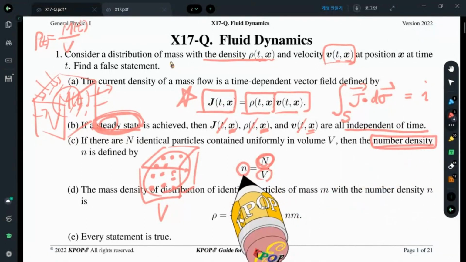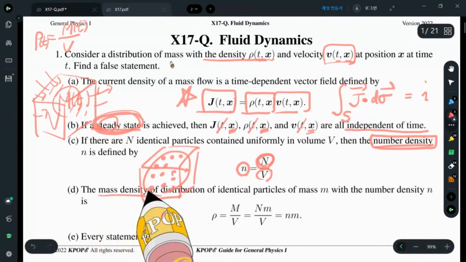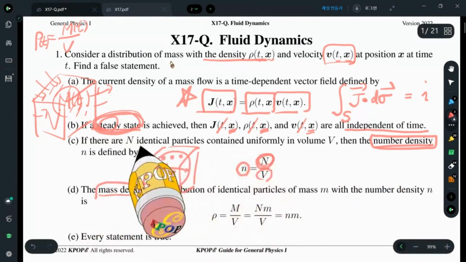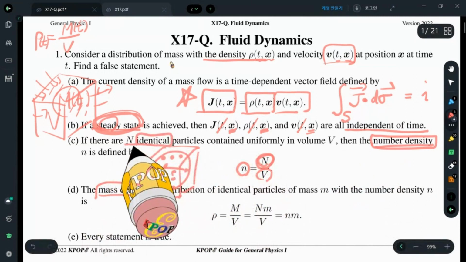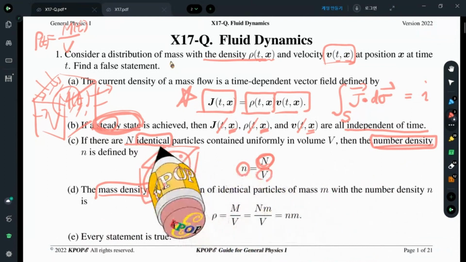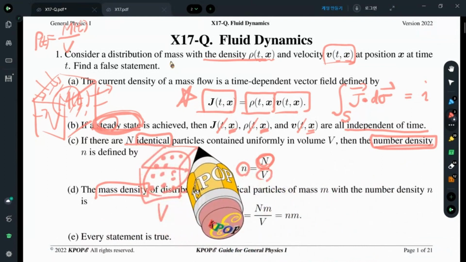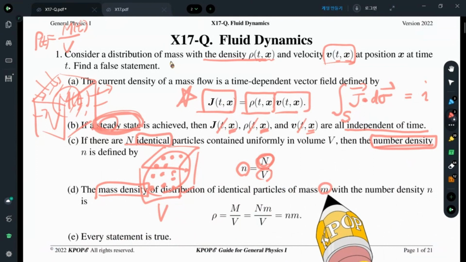Using this number density, we can measure the mass density, in case these are all identical particles. Suppose these identical particles are molecules, then this is the mass of a single molecule, for example.